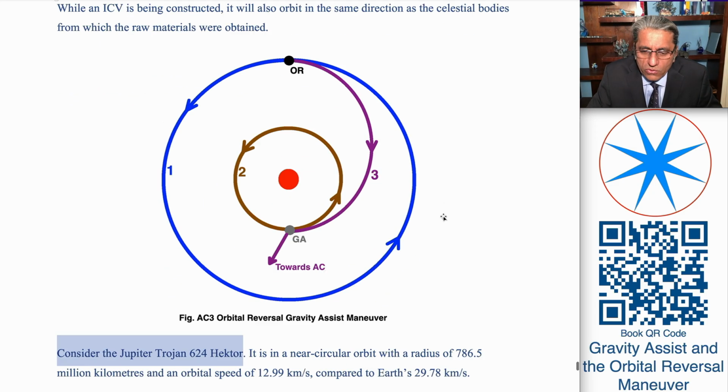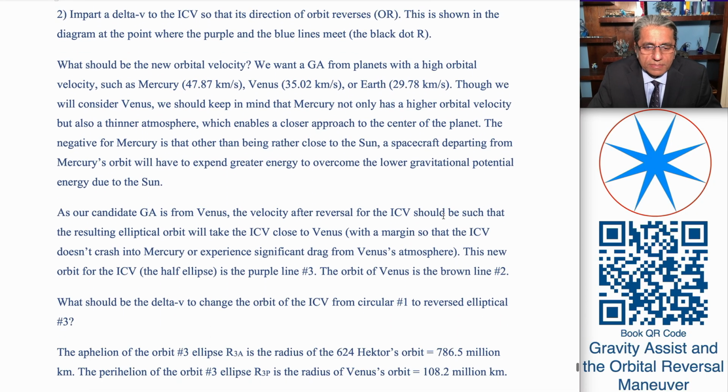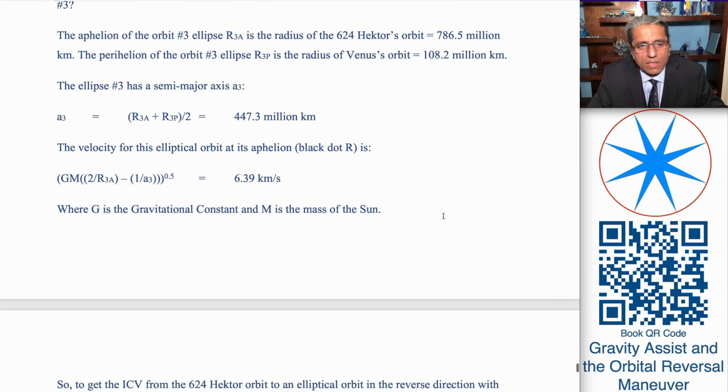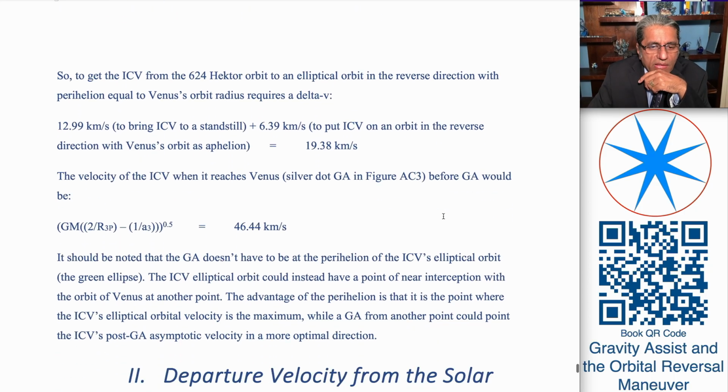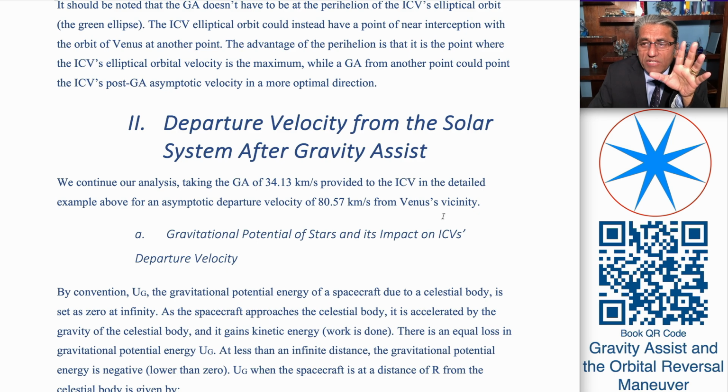And if you do the calculation, what you find is that after you've done gravity assist also, there is a loss of energy by the time you exit the solar system, because you're moving from the orbit of Venus to a point which you can say is approximately infinity.